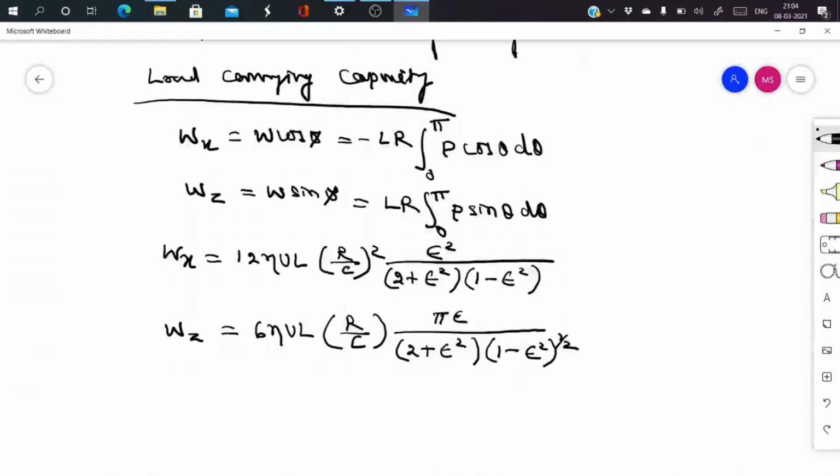Now after knowing Wx and Wz, you can very well find the value of total load W, square root of Wx square plus Wz square.